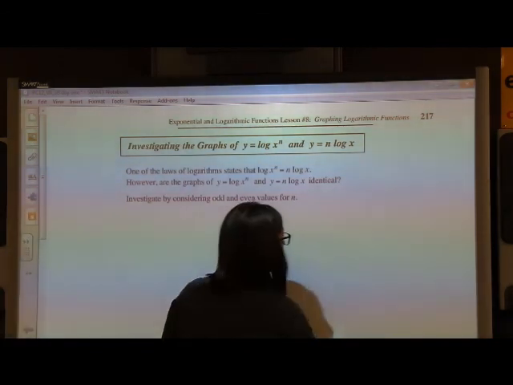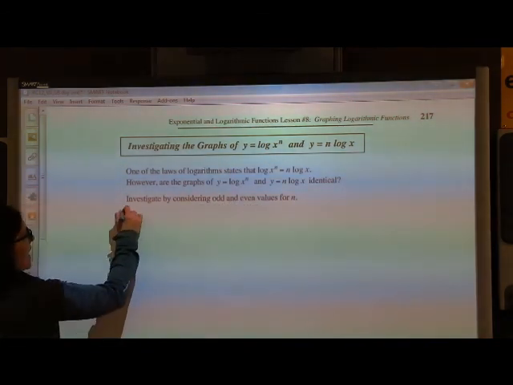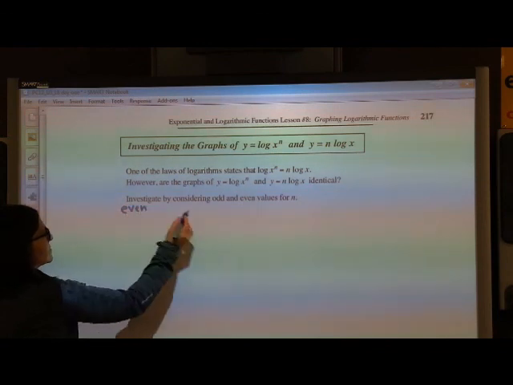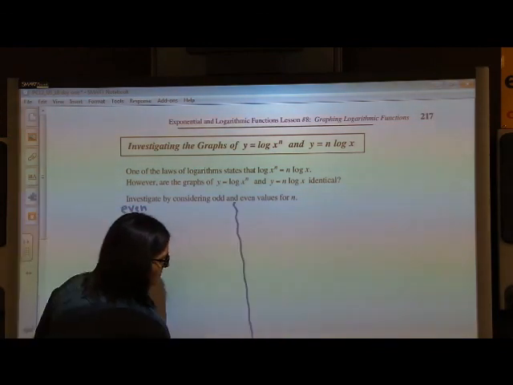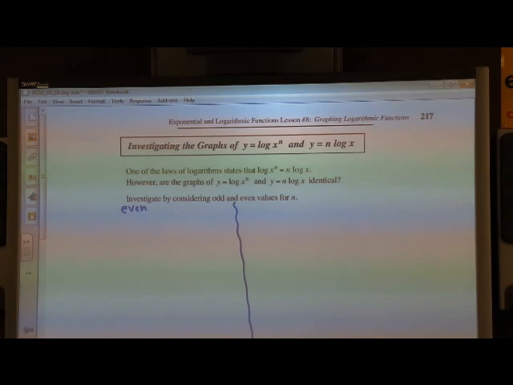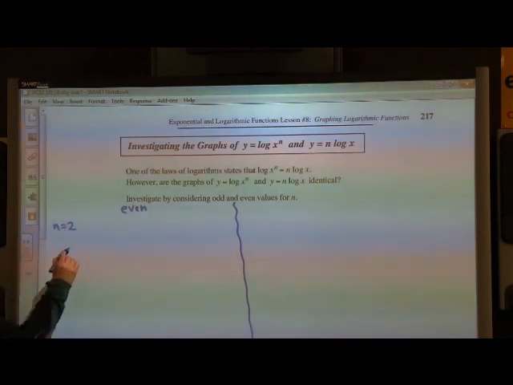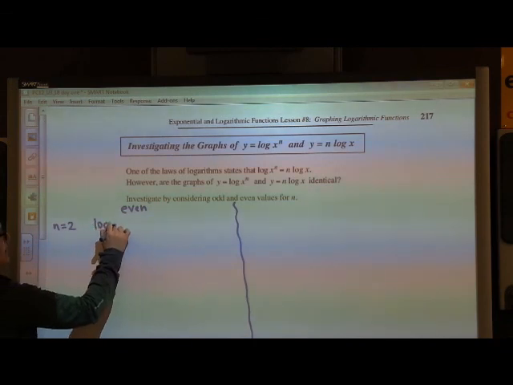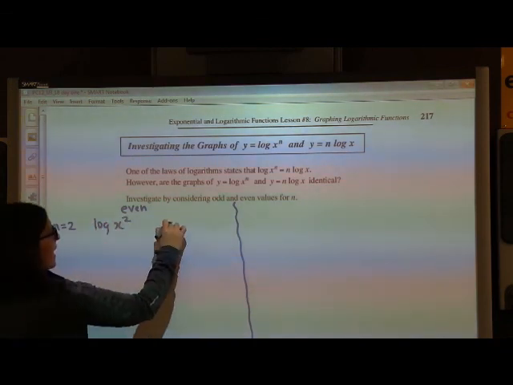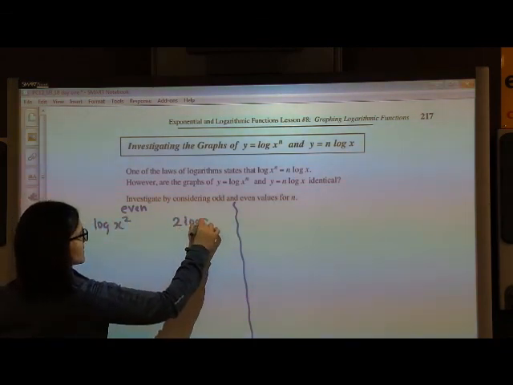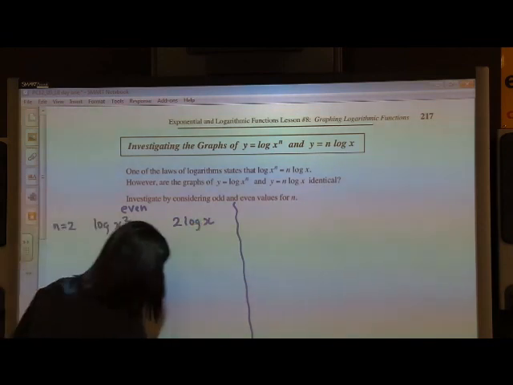So we're going to look at our even values. And by even values, what I mean is, let's say I let n equal 2. What I have is log x squared and 2 times log x. So that's what we're going to graph.